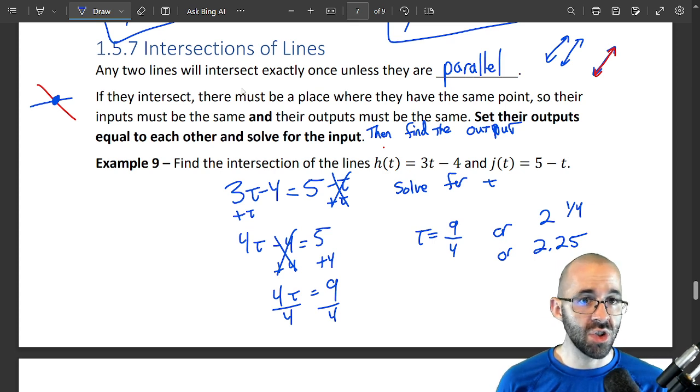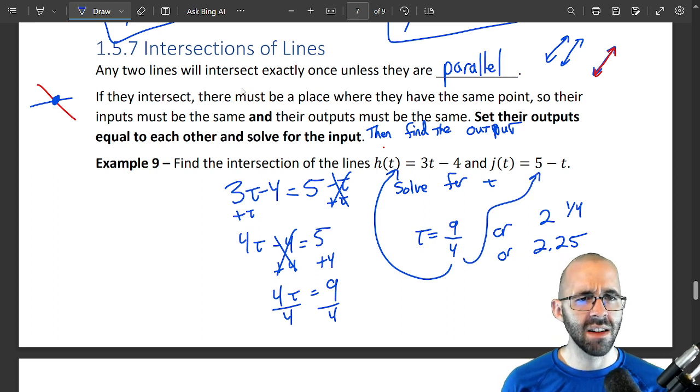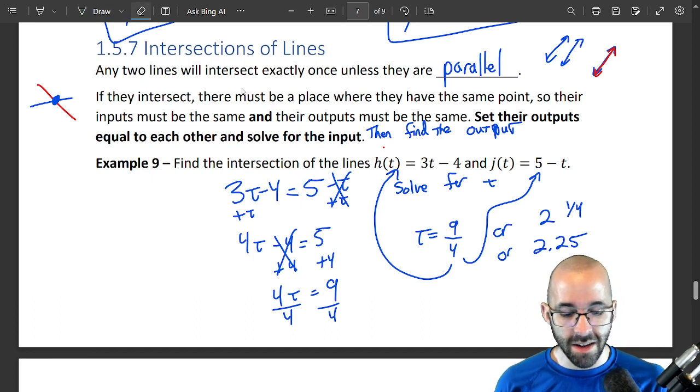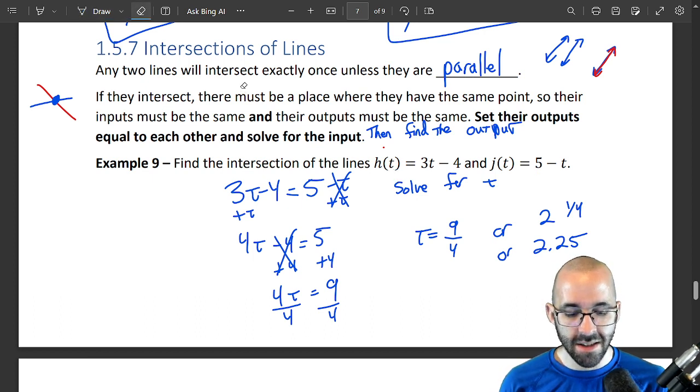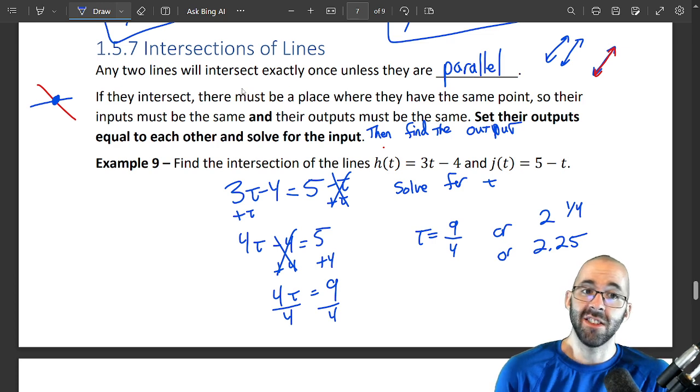And if so, how do we choose? Do we plug this into H, or do we plug this into J? It shouldn't matter because they should have the same output, so you can plug it into either one. I'm going to choose J here because J looks easier.